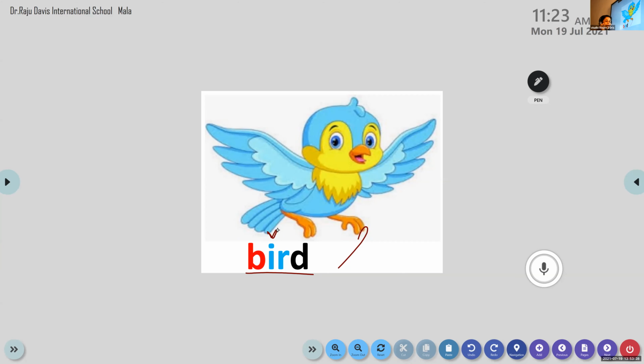The letter B has the sound B. As you write the spelling, you sound out the word as you write: B, R. This IR has a combined sound, that is R, and D has the sound of D. So it is bird. This is the way you will learn the spelling of the word bird.